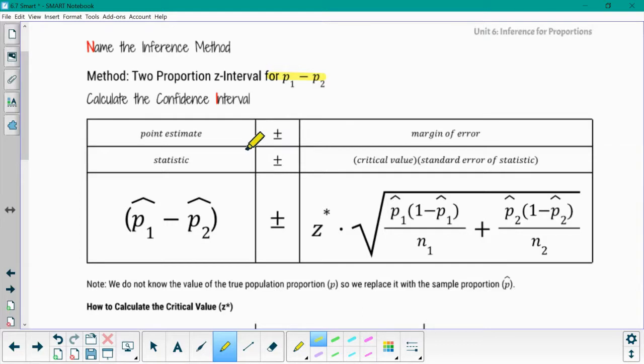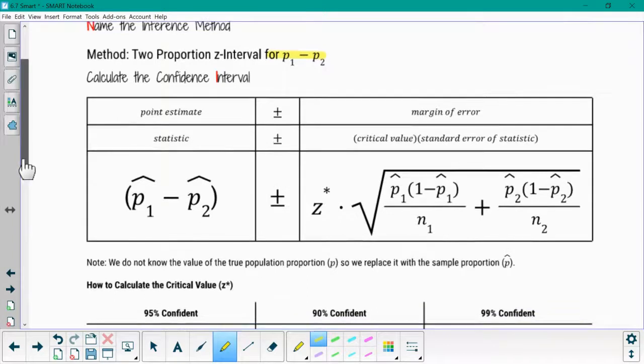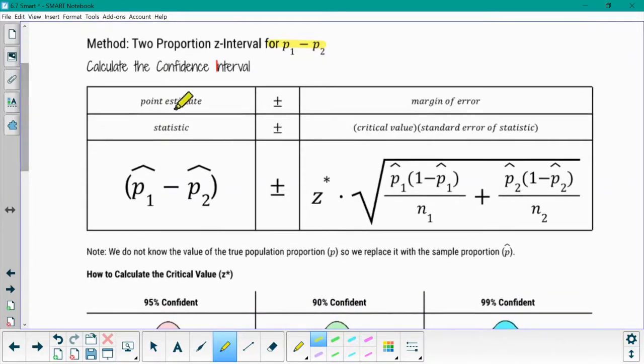Now, when actually calculating a confidence interval, we're taking a point estimate plus or minus a margin of error. The margin of error breaks down into the critical value and the standard error of the statistic. This is the same formula as standard deviation. The only reason why we call it error is because it is calculated using hats and not the true proportion.